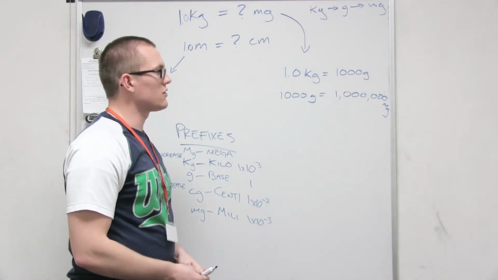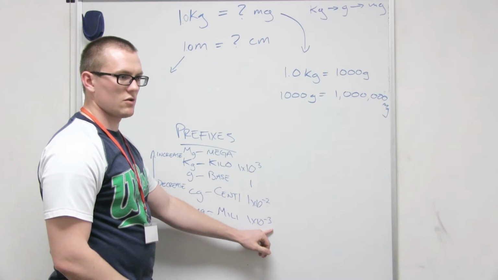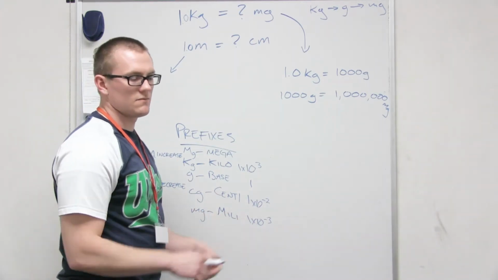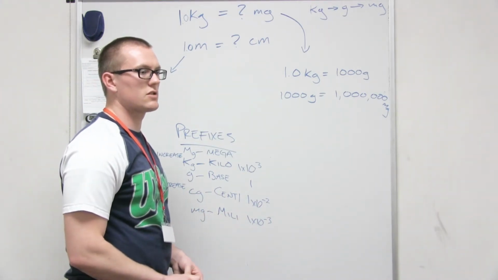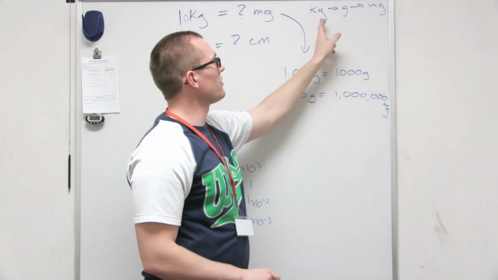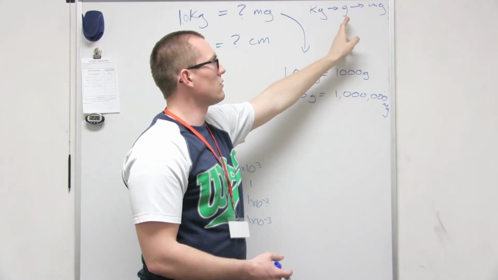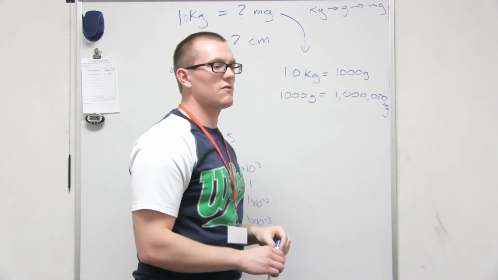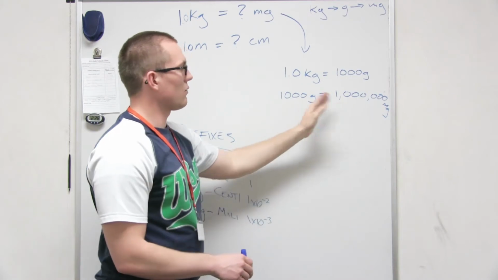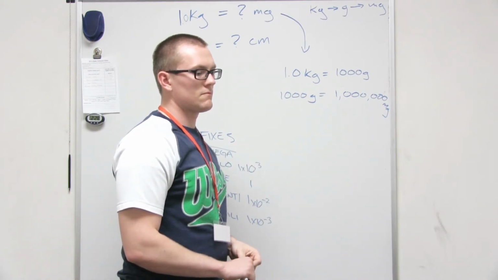But if you remember that you need to add 3 more zeros, then you can skip those few steps. With these, just remember kilograms to grams is a difference of 1,000, and grams to milligrams is also a difference of 1,000. That's why we end up with that right there. So I really do get to memorize all these? Yeah.